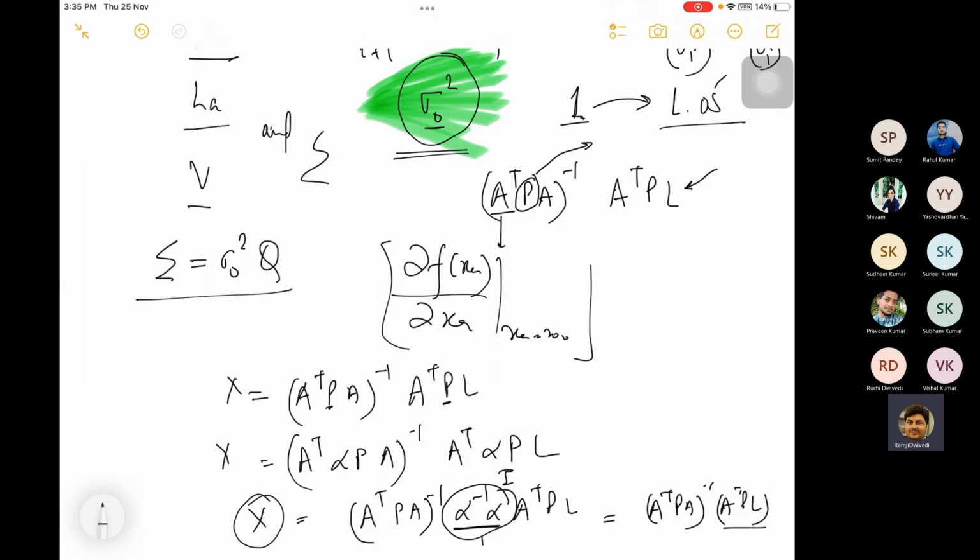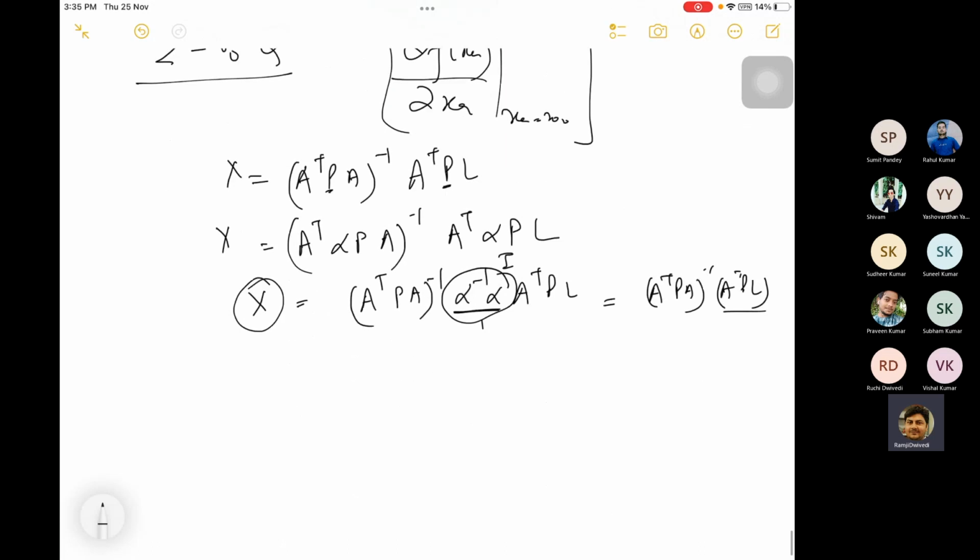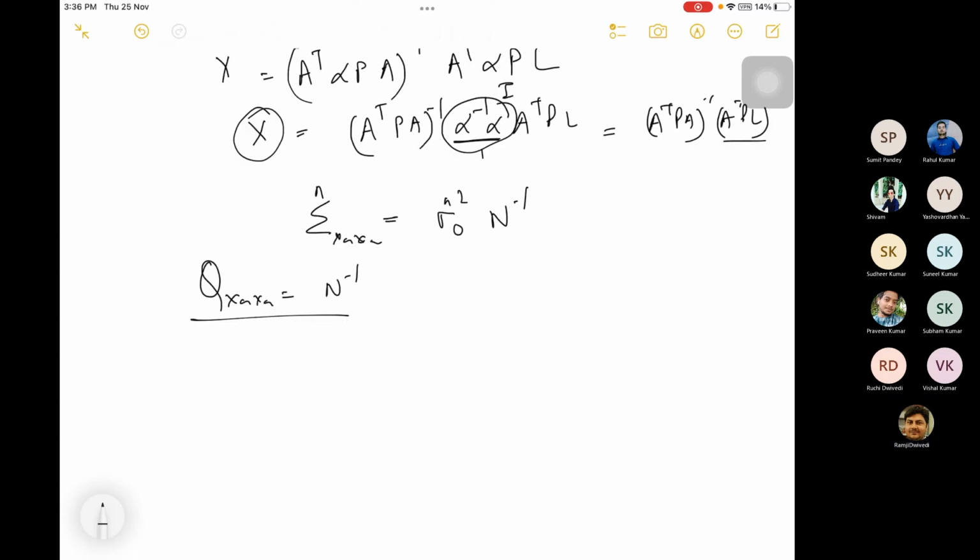Okay, so in fact you can similarly see the so-called variance covariance matrix. Let's say Sigma XaXa hat will be given by sigma naught hat square N inverse. Now please remember, we have estimated Qxa as N inverse, and Sigma xa hat would be given by sigma naught hat square Qxa.